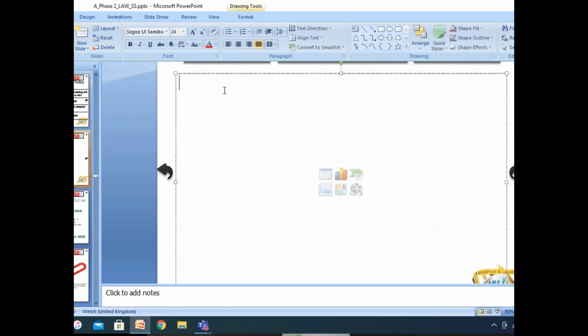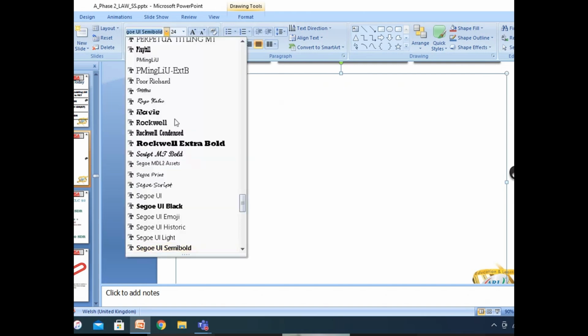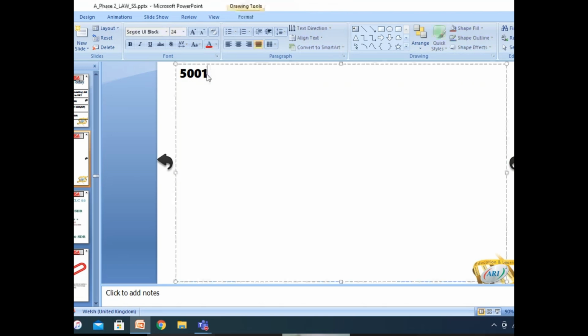So it is 5,001 to 1,40,000 gross ton. It is equivalent to 4.51 million SDR plus 631 SDR per gross ton. So many SDR.